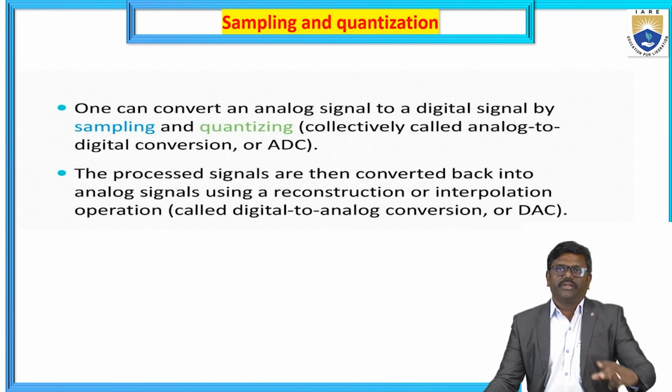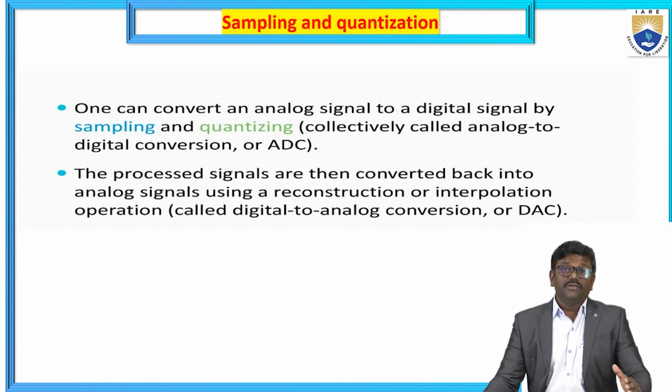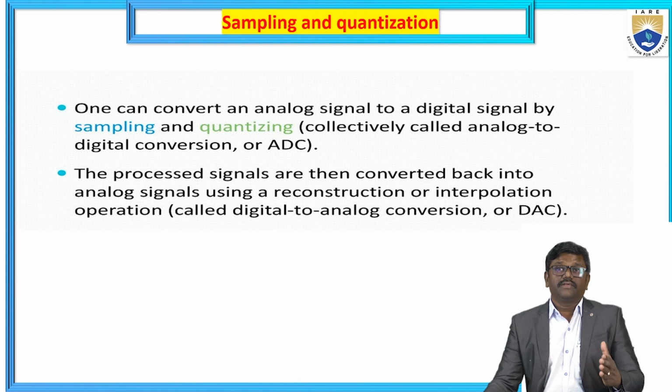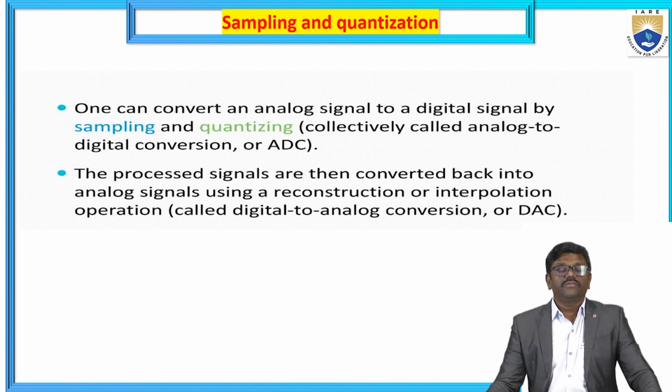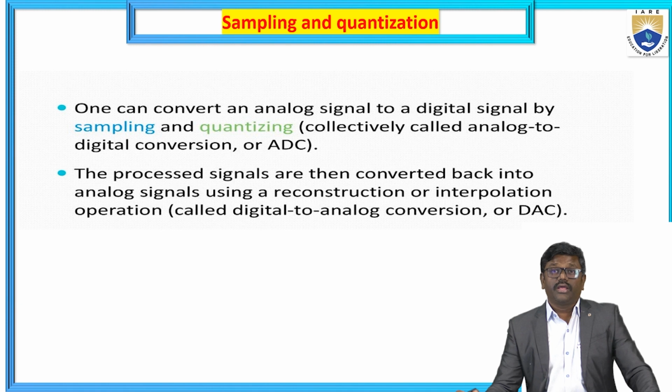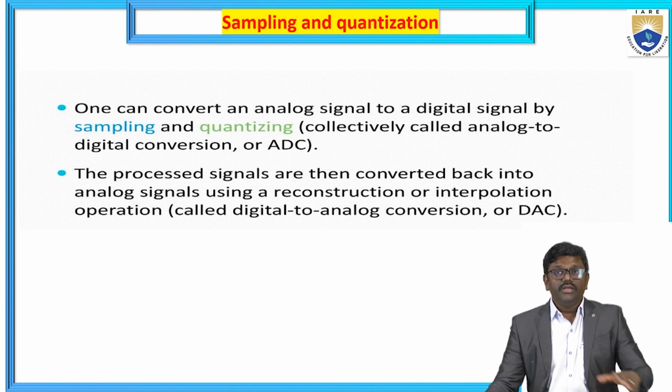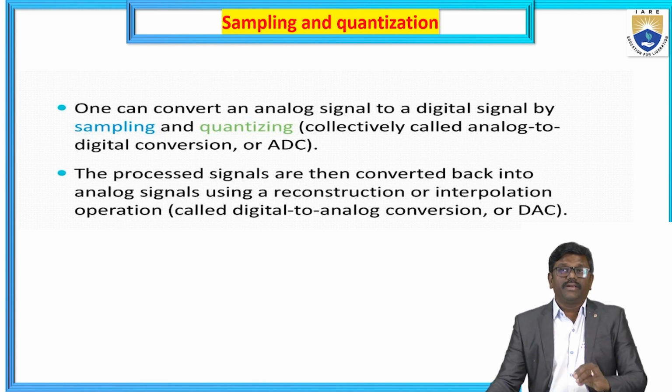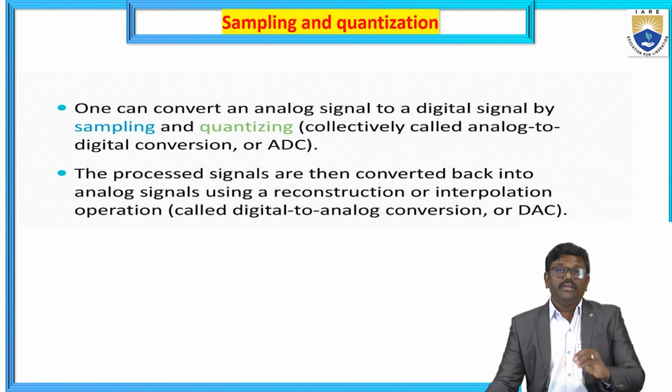The processed signals are then converted back to analog signals using reconstruction or interpolation. You can convert digital to analog, but our topic here concentrates on analog to digital only: sampling and quantization.